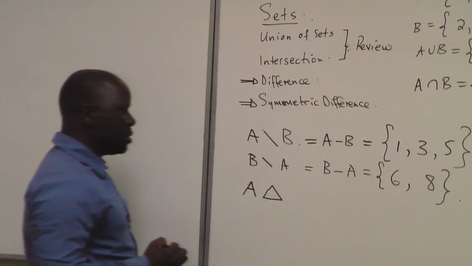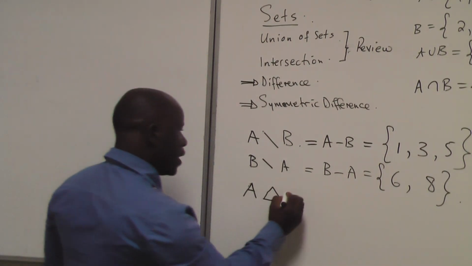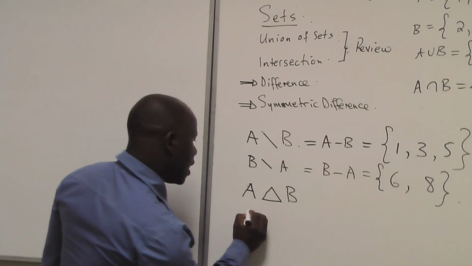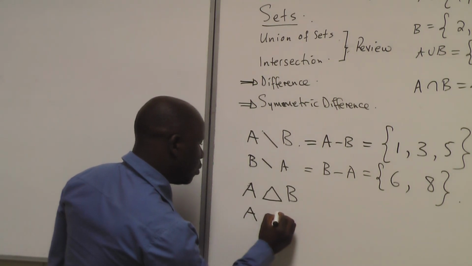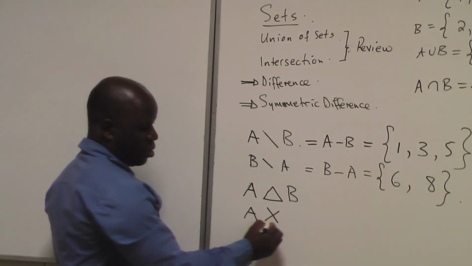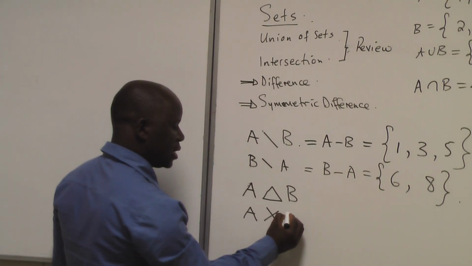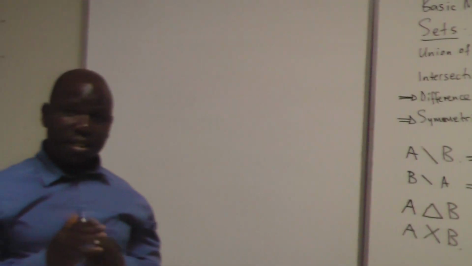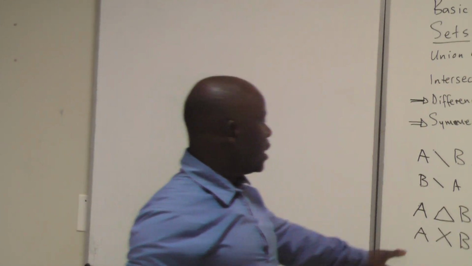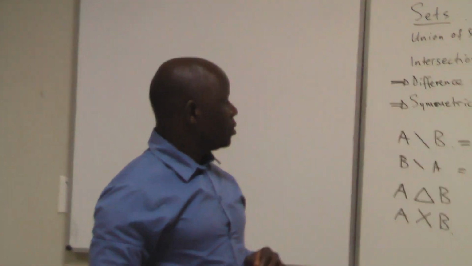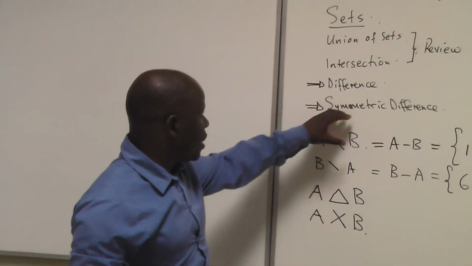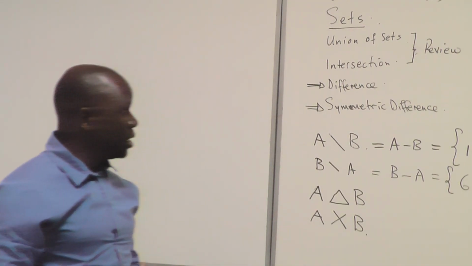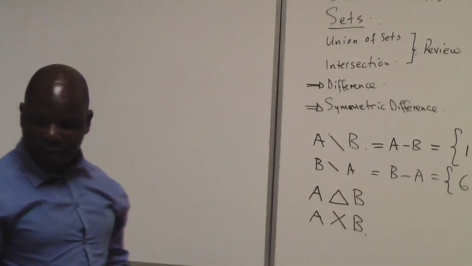This small triangle simply means A symmetric difference B. Or sometimes we write A and we put this one across, it simply means symmetric difference B. What is this A symmetric B? I have decided to put the symmetric difference together with the ordinary set difference so that you can see clearly how the two differ.